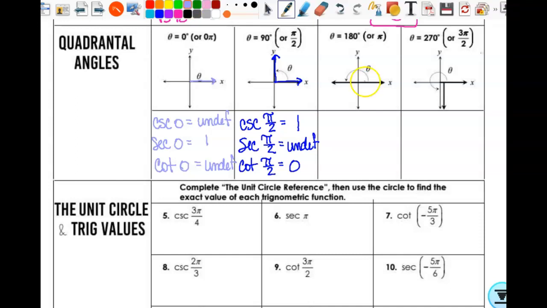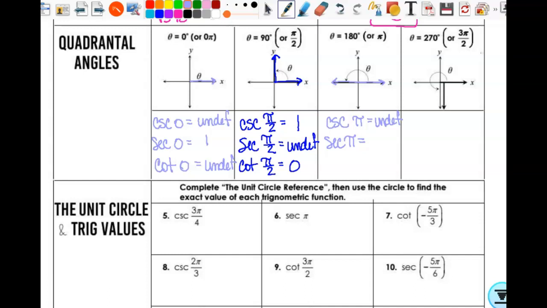All right, so then let's look at pi. So I want cosecant of pi. Cosecant is the reciprocal of sine. The sine of pi is 0, so the cosecant is undefined. Then the secant of pi. Secant is the reciprocal of cosine.